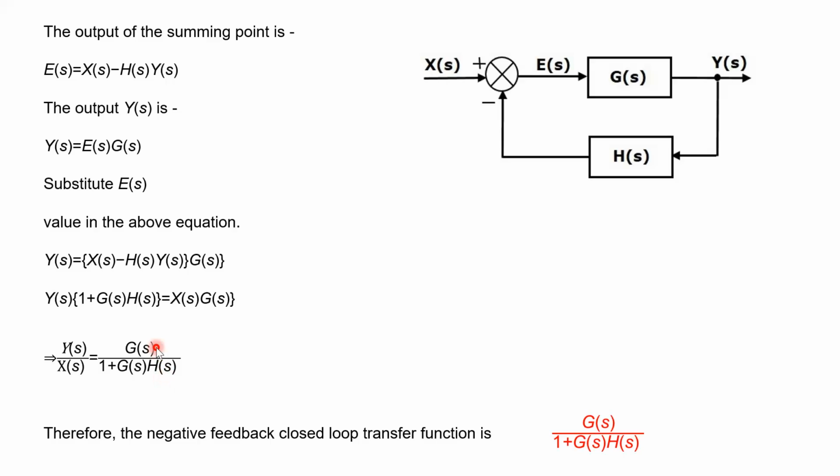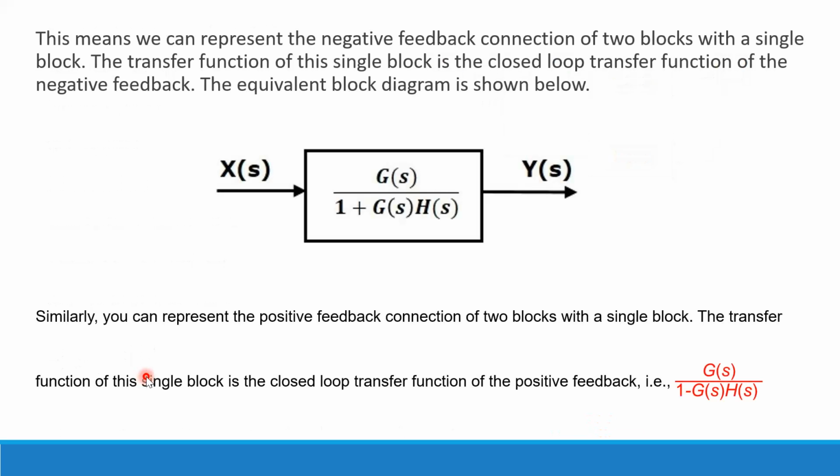Now this is the case for the negative type of feedback system, where we get 1 plus g of s h of s here, but for the case of positive feedback, it will be 1 minus g of s into h of s.